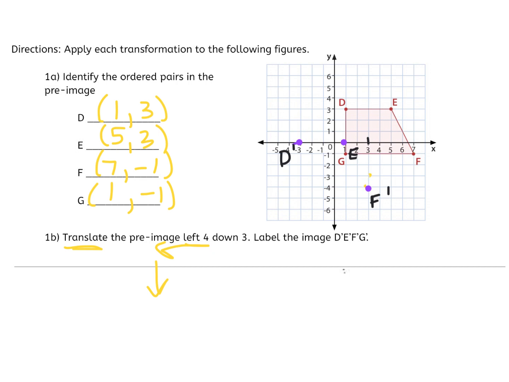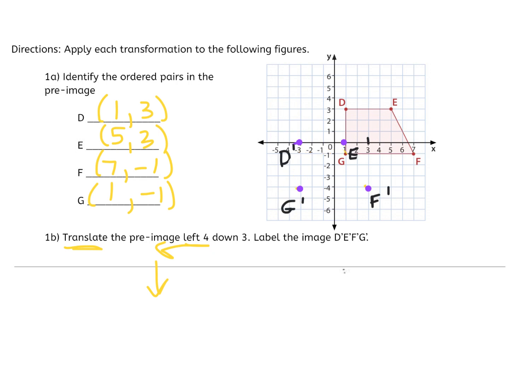And I'm going to mark that F prime. And then the last one, same movement, left 4 and down 3. It's going to be right there. And label it G prime.